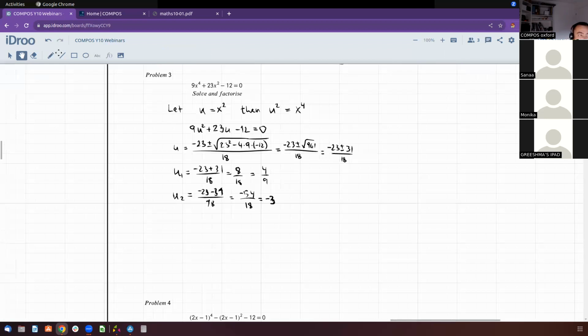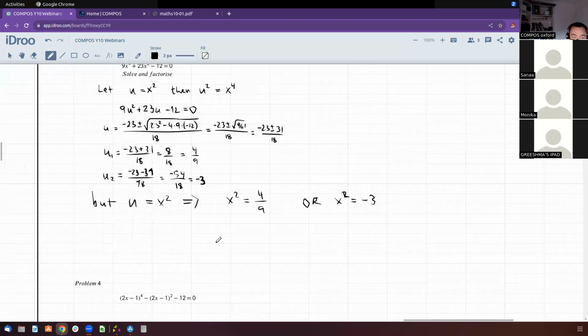So we have two options. So u is 4 over 9 or minus 3, but remember that u is x squared. Therefore, you have x squared equals 4 over 9, or x squared equals -3. If x squared equals 4 over 9, that means x is equal to plus or minus 2/3.